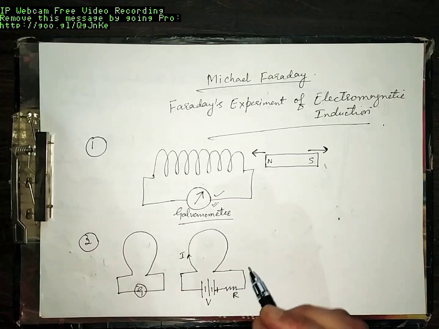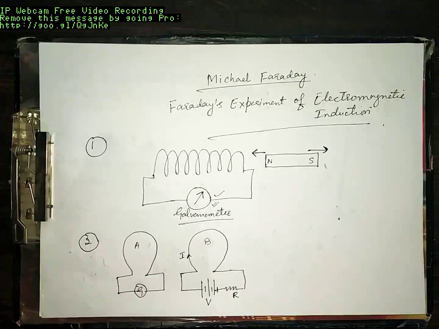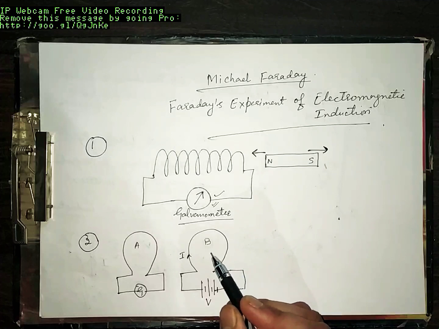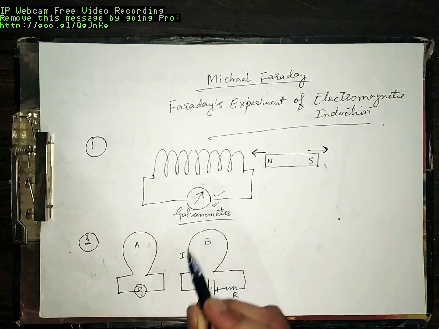Let's call this coil A, and this coil B. In coil B, we have connected a voltage source V and resistance R.